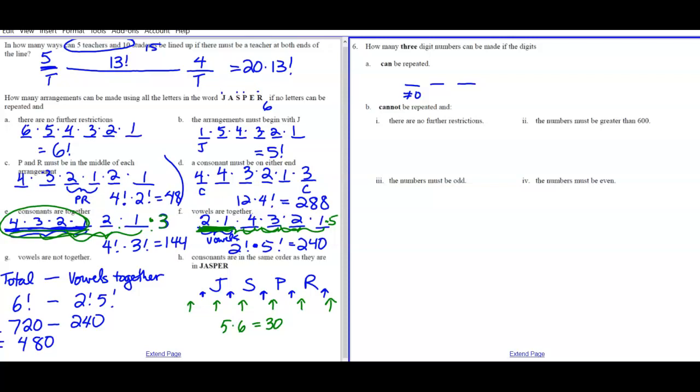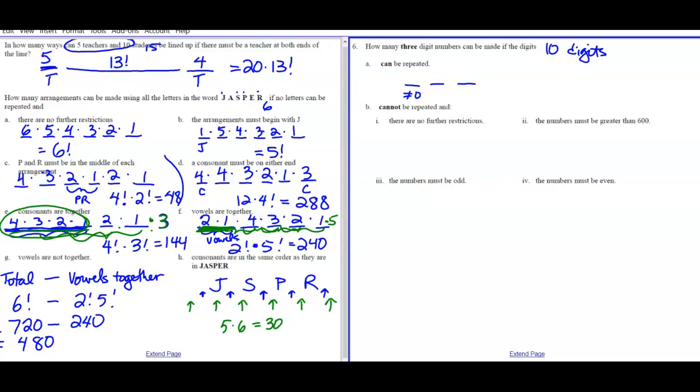How many digits are there? Not 3. It's 10. 0, 1, 2, 3, 4, 5, 6, 7, 8, 9. There are 10 digits. Okay?